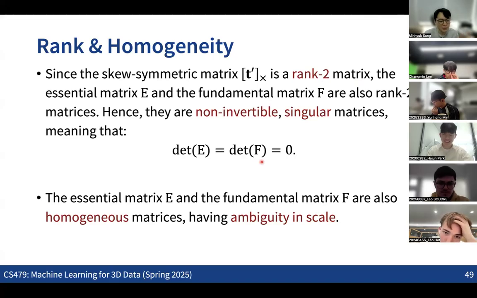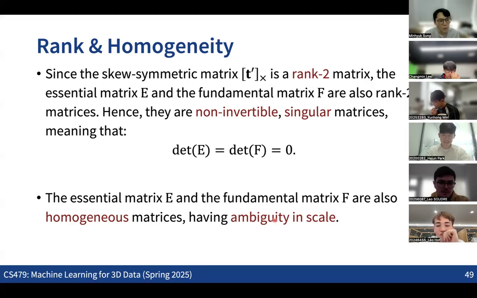So the fundamental matrix and the essential matrix are both non-full-rank, rank 2 matrices. And as I said, they also have the scale ambiguity, so whatever non-zero value we multiply to those matrices.